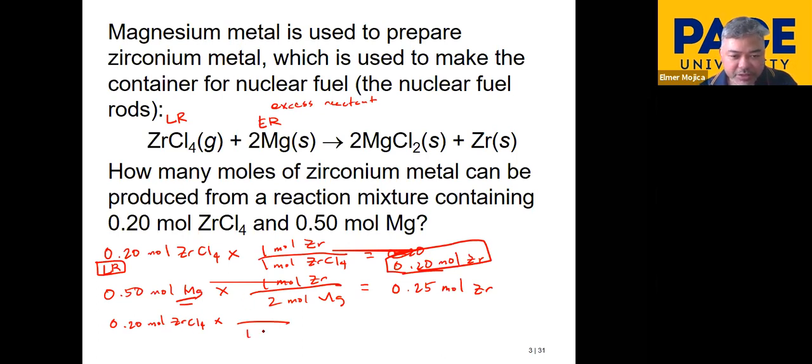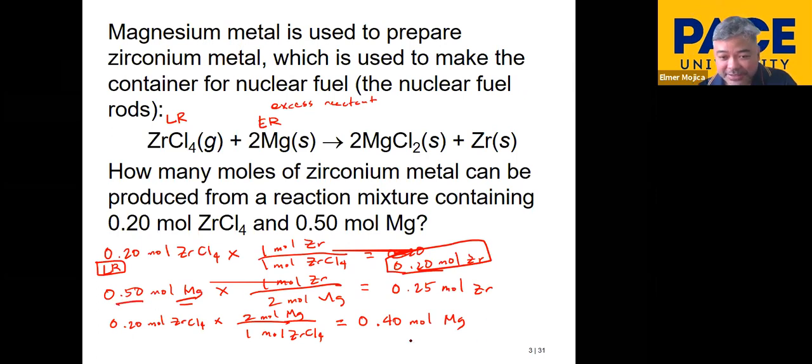For every 1 mole of zirconium chloride, you have 2 moles of magnesium. So what does it mean? If you have 0.2 moles of zirconium chloride, you're going to need 0.40 moles of magnesium. And the question, do you have that 0.40 moles? The answer is yes. In fact, I have 0.5.